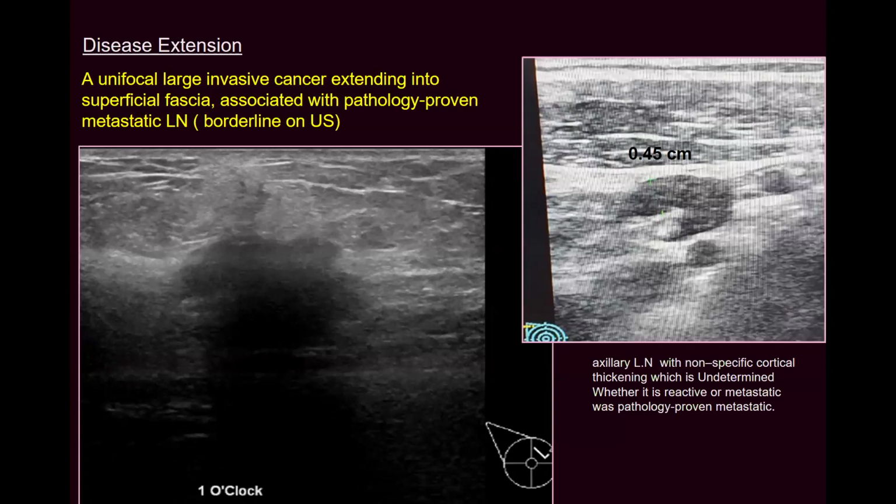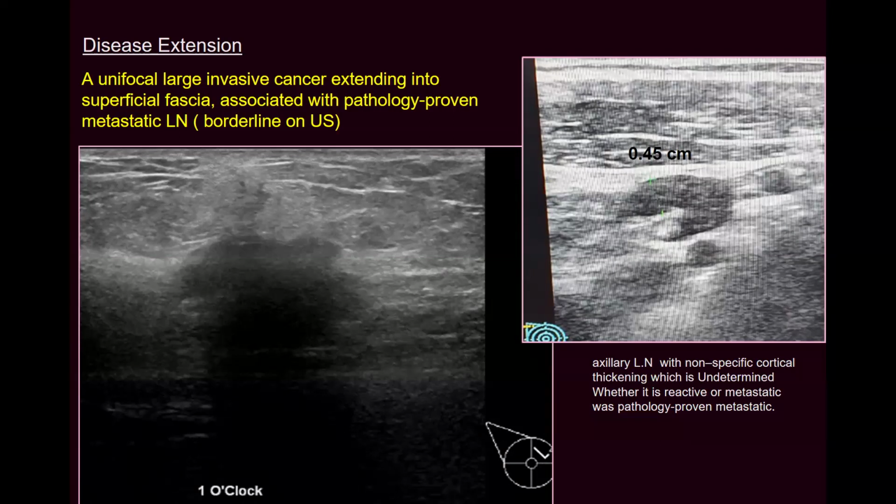Again, this is my patient. This is a large lesion within the mammary zone, but extending, you see, and invading the superficial fascia. And this is a non-specific lymph node with 0.5 centimeter cortical thickness, you see, proven to be metastatic.